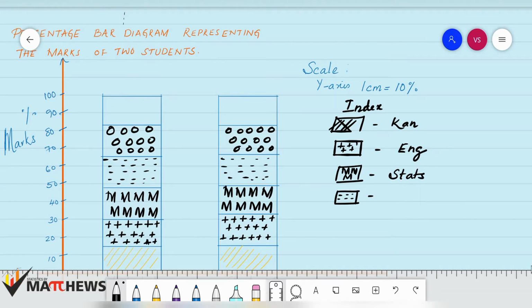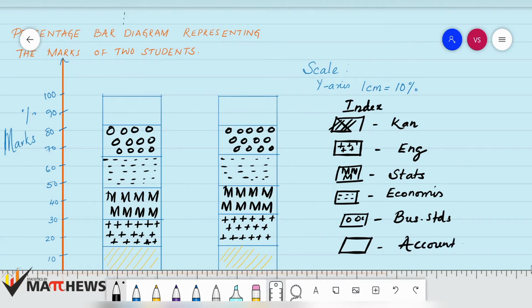This is economics. Then we have circles: business studies. And the last blank is accountancy, or accounts.